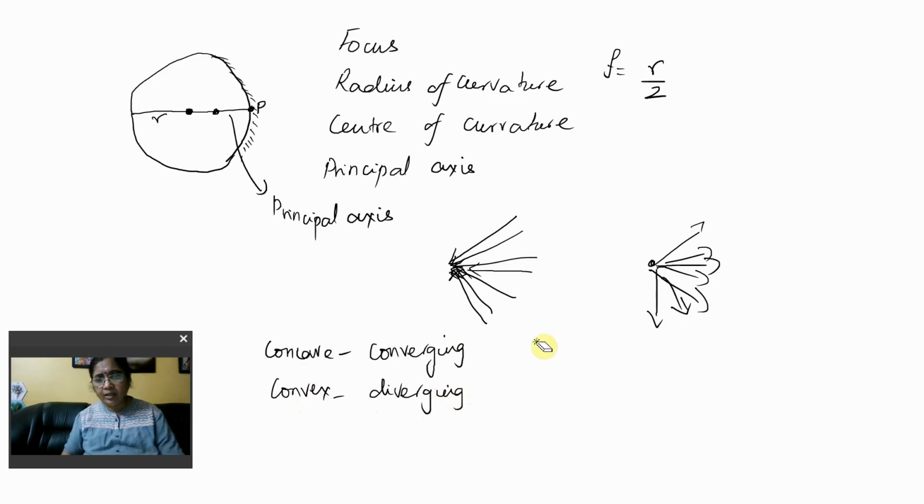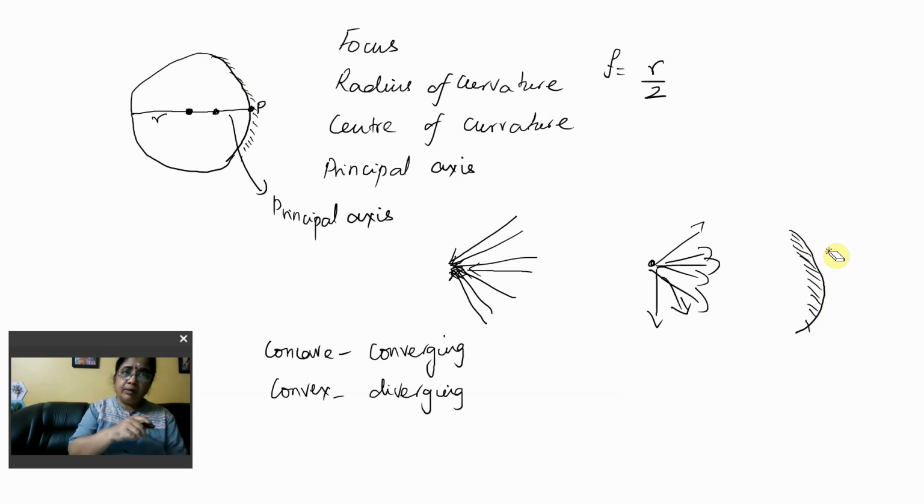So how will a convex mirror look? Same curved surface, but this is the back of the mirror and this is your reflecting surface. On the contrary, when you look at a concave mirror, this inside part is the reflecting surface. Outside is the back. Here, this inside part is the back of the mirror and here you have the reflecting surface, the bulge.